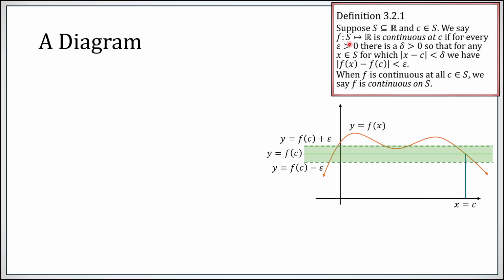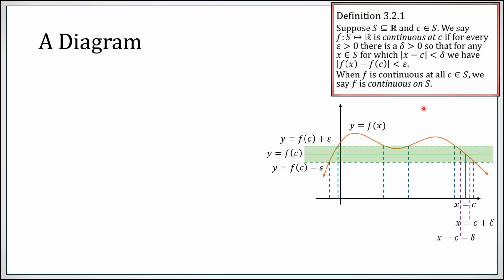Now that we've picked this epsilon and we know what we want to get out, we need to know that there is a delta that will force it to be true. So what we do is we look at all of the inputs that get us into the green tube. Here are some x values picked out where we intersect the boundaries of this green tube.